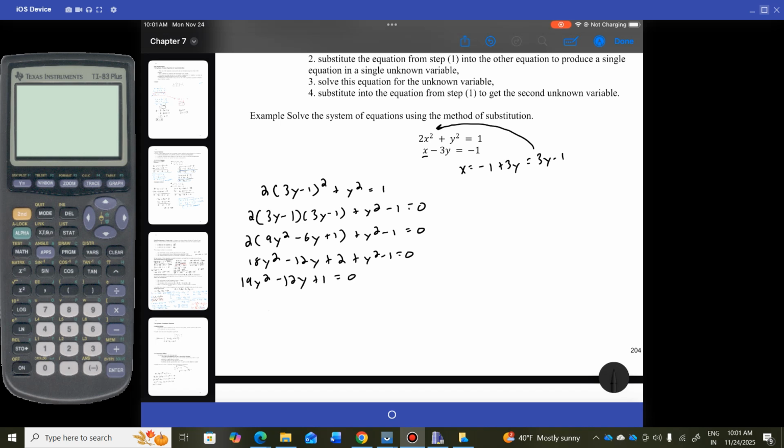Now this is not going to factor, so we'll have to solve it using the quadratic formula. So y equals 12 plus or minus the square root of 12 squared, so that's 144, minus 4 times 19 times c, which is 1. So 4 times 19 is 76. And then this is all over 2 times 19, which is 38. So that's just a quadratic equation.